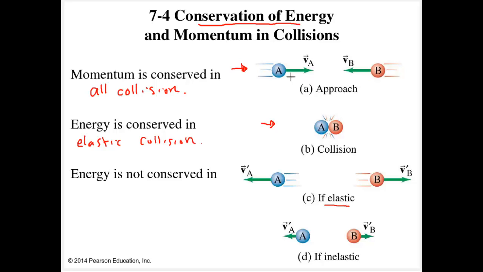If you simply look at the length of the velocity vectors A, A prime and B prime, you can see that they're the same lengths, and what that indicates is that energy has been conserved. So by definition, this is going to be an elastic collision.